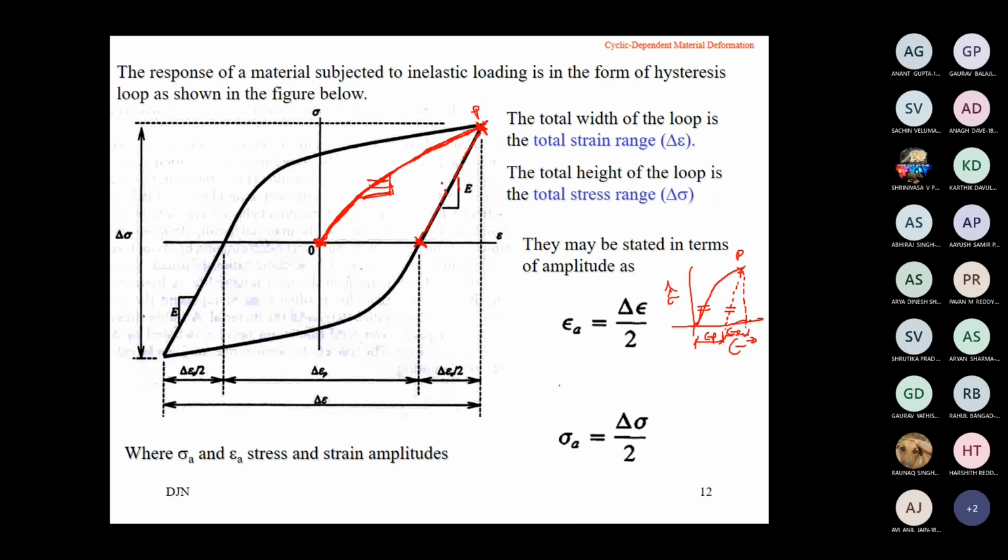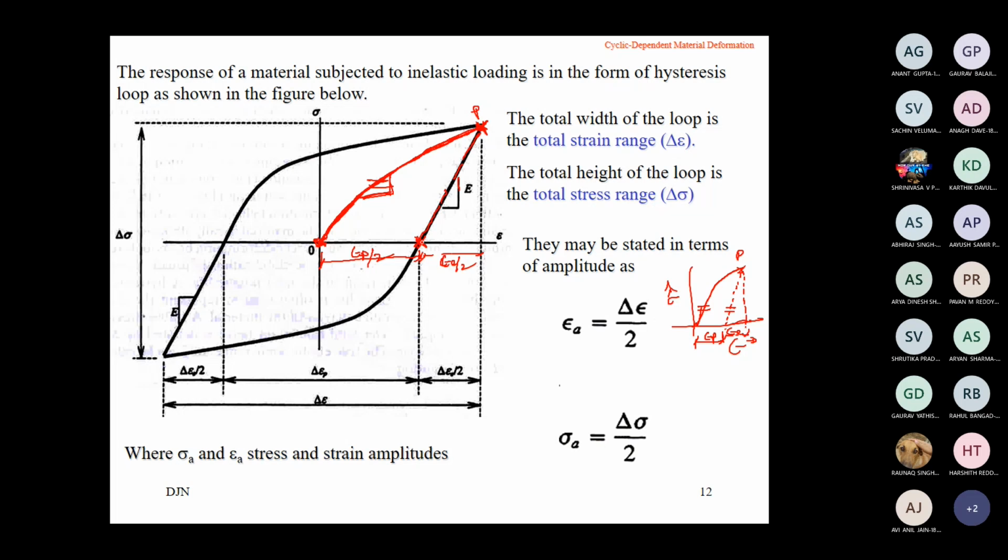You have to unload it. Now this particular portion of strain is the plastic, and this portion is the elastic, for the first half only. So I will write it as half, because I am going to load it further in this case.